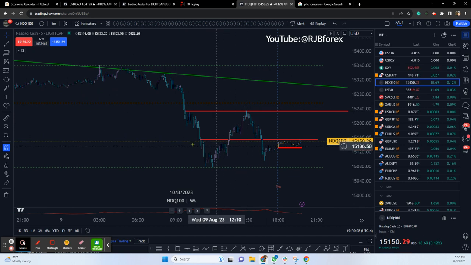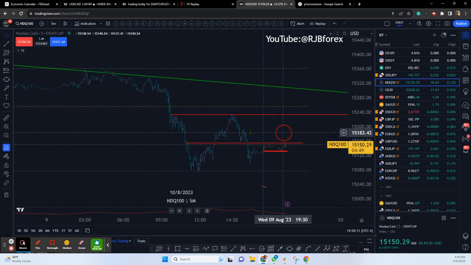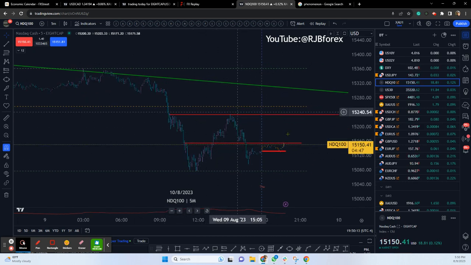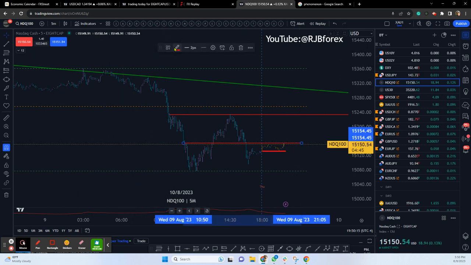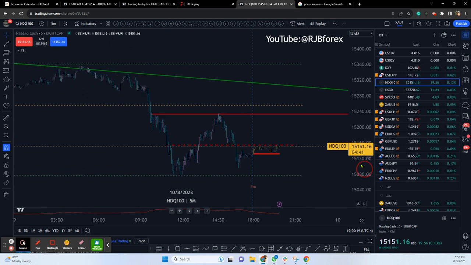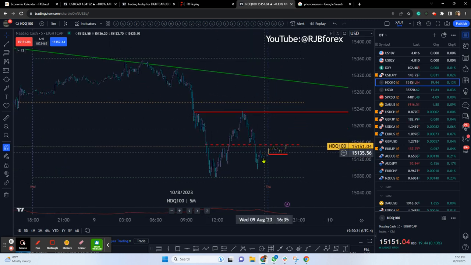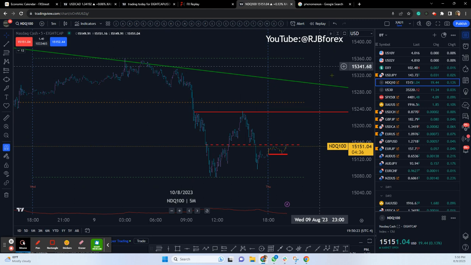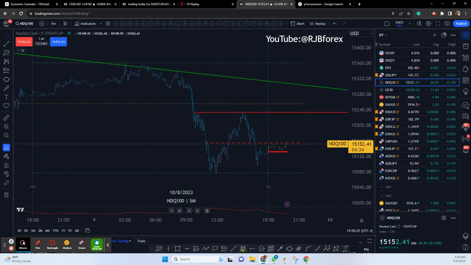Layering on top, so we've got this as structure. So we've broken structure, and we're now looking for prospects of a move up into shorts.